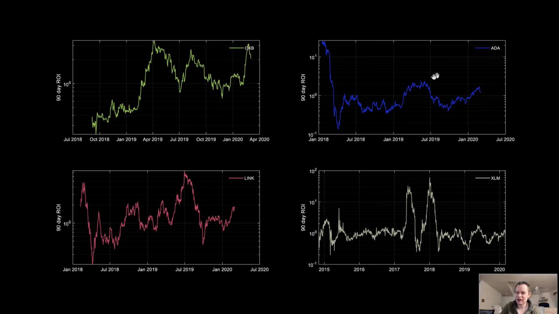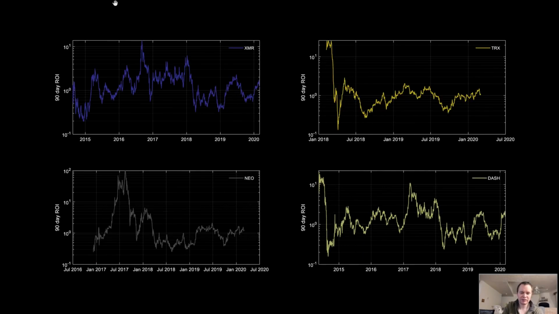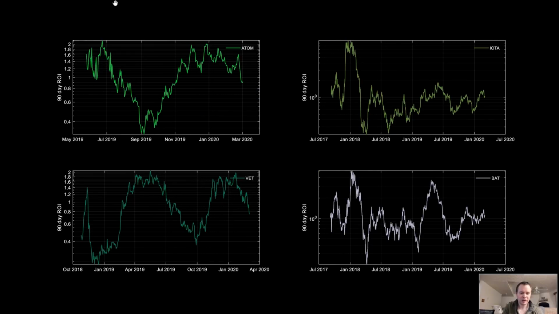But we're not quite to the 2x or 2.5x return on investment, but we are getting close. Link in July saw a 5 or 6x return, which is crazy. And then again, you can see XLM, and a lot of these are somewhat repetitive since stuff doesn't really change too much in these shorter time frames.